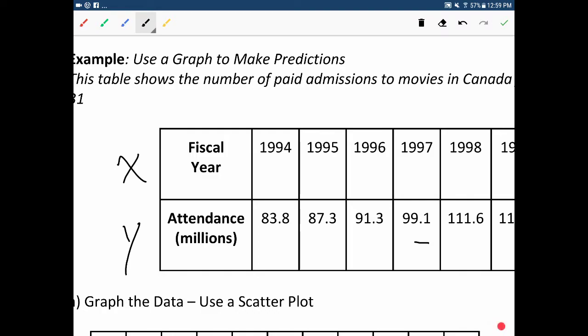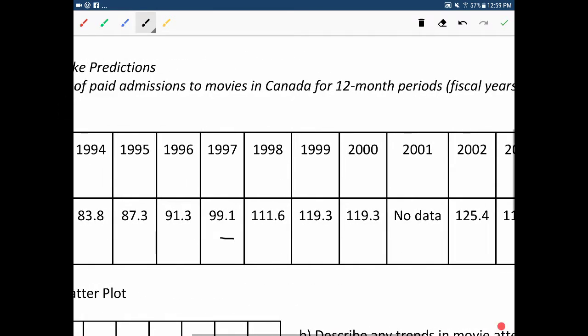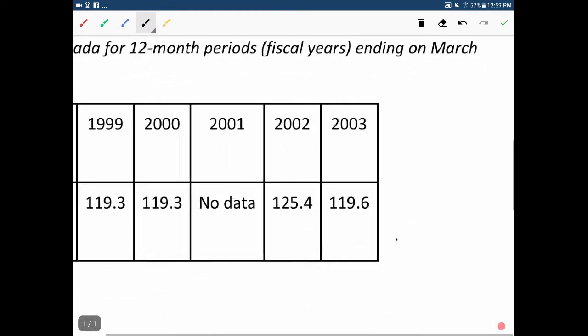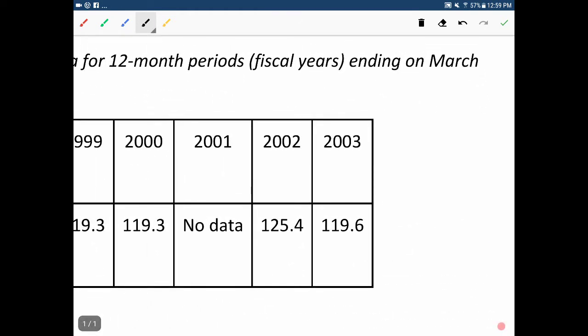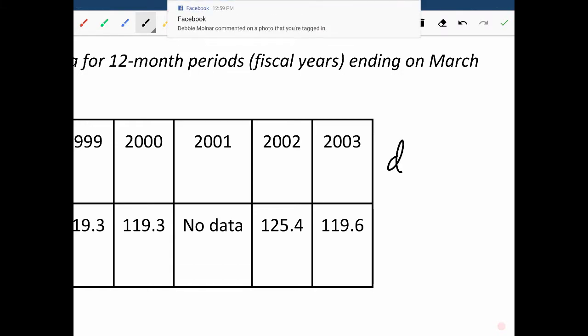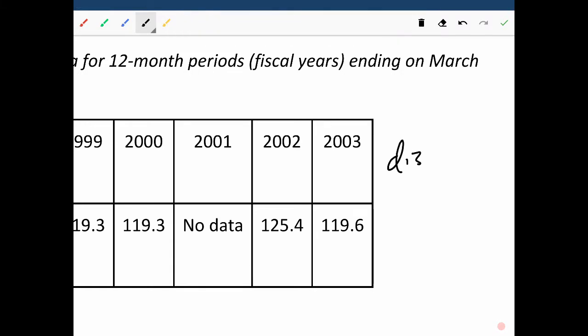The other thing that I want to mention that we kind of glossed over, and it did come up in some of the work, is the difference between what we call discrete variables and continuous variables. So this first variable here, the year, is called discrete, and then this one is called continuous.